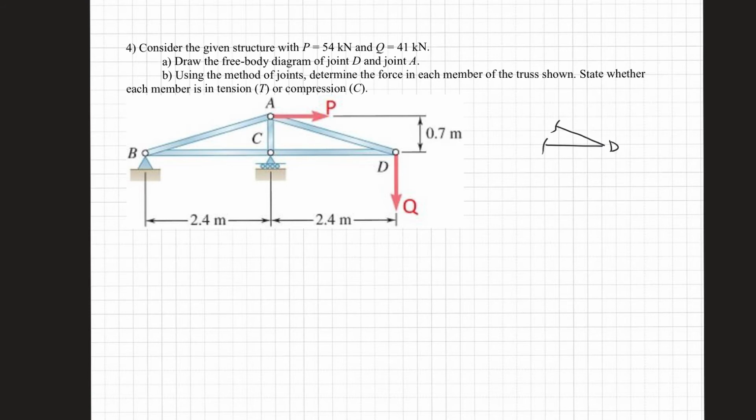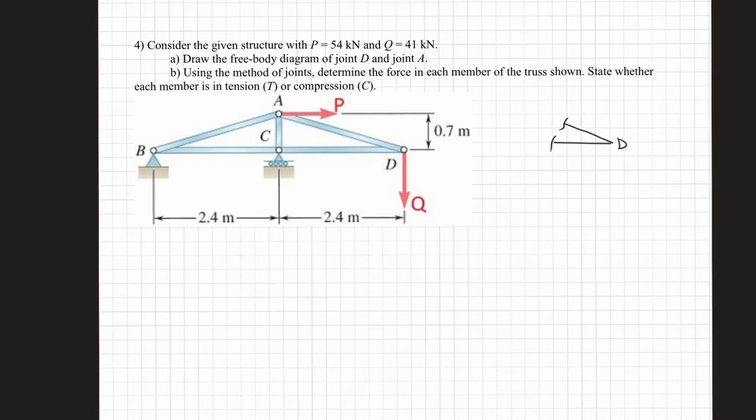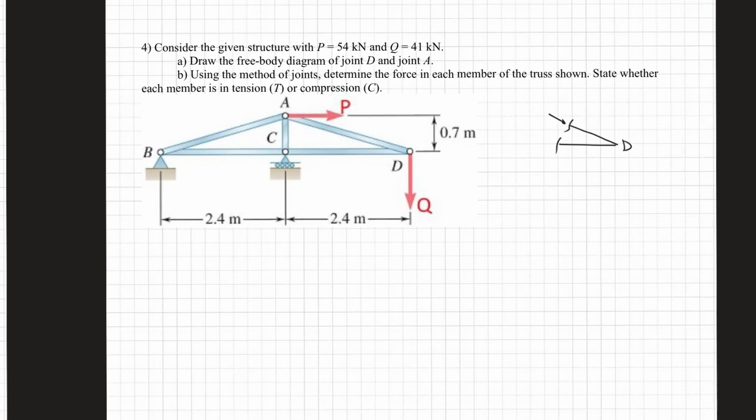D, and I'm going to assume it's in compression. So I'm going to put a force here. And I'm going to assume everything's in compression because that makes my life easier. So this will be force AD, and this will be force CD. Okay, so that's joint D.